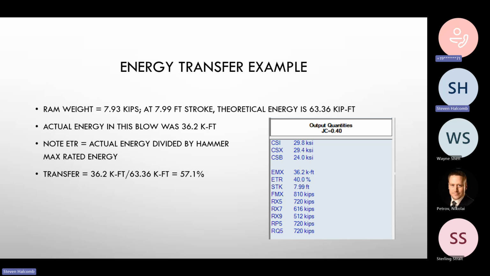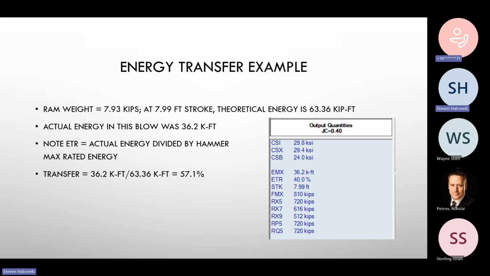The PDA measures a stroke, which is the STK of 8 feet, and if you use that, it comes out to be 57% of the theoretical from that point. That 40% is a little misleading, the ETR. That's actually the maximum from the hammer. That's the percentage if you were to use the maximum energy of that hammer.